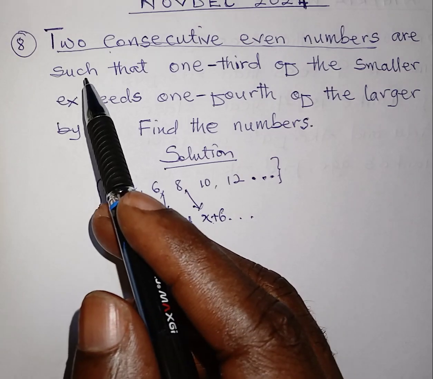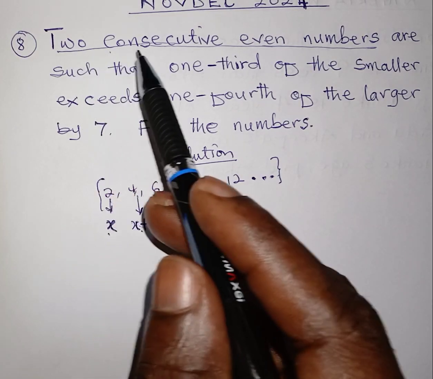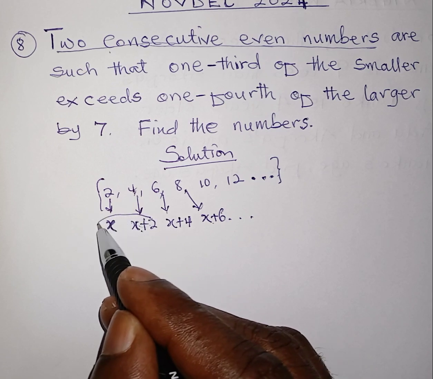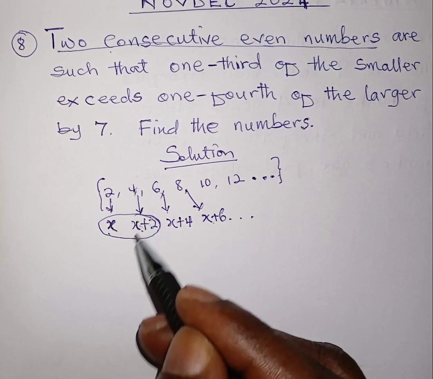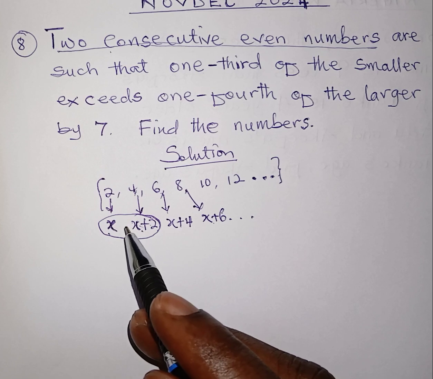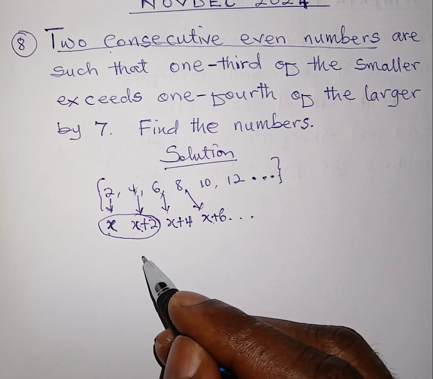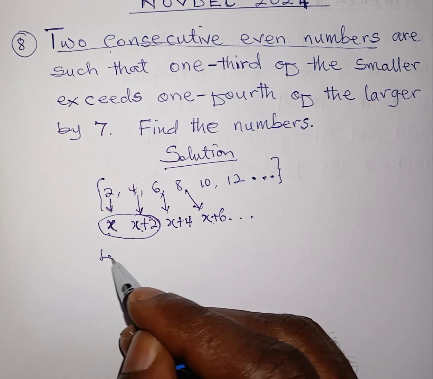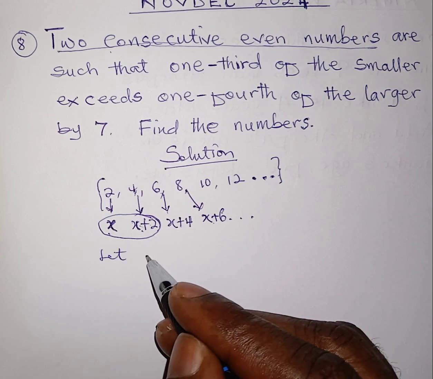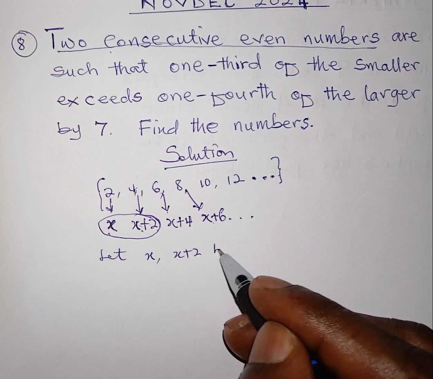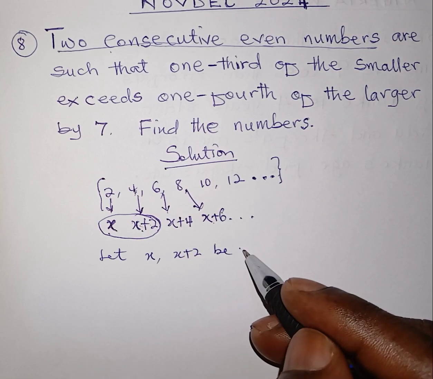But this question talks about 2 consecutive. So 2 consecutive, then I'm going to pick these first 2 to represent my 2 consecutive even numbers. Okay, so I will say let x and x plus 2 be my what?